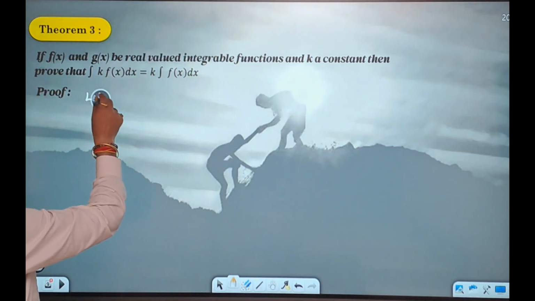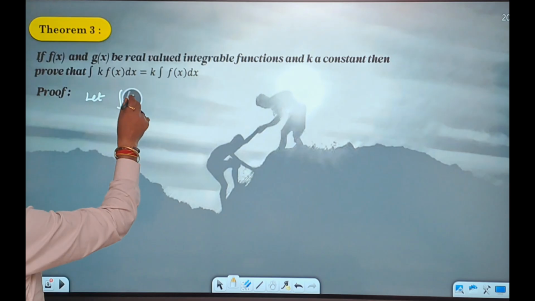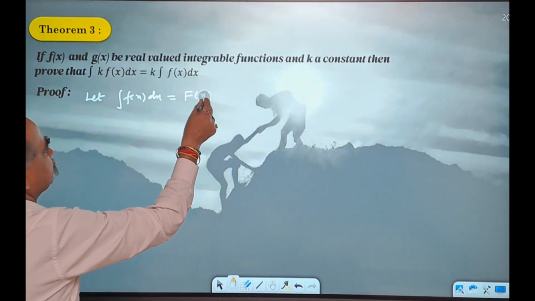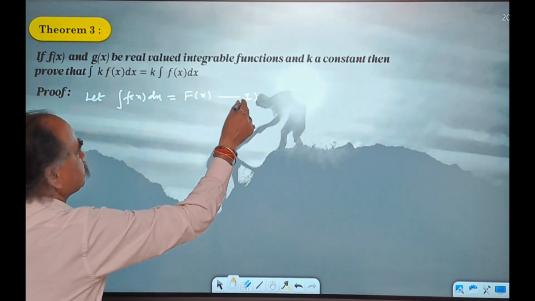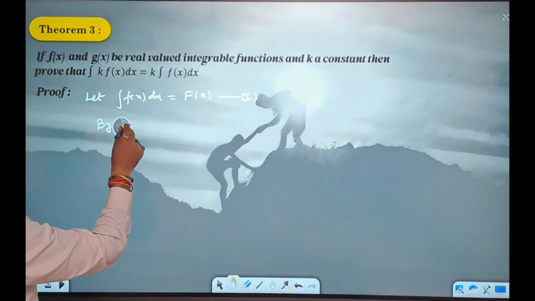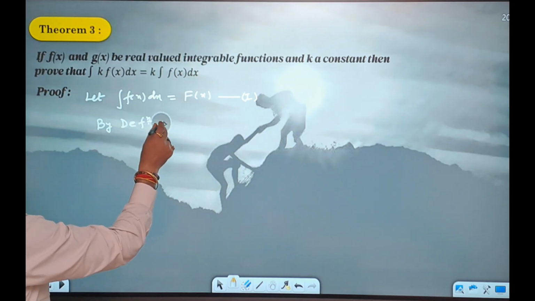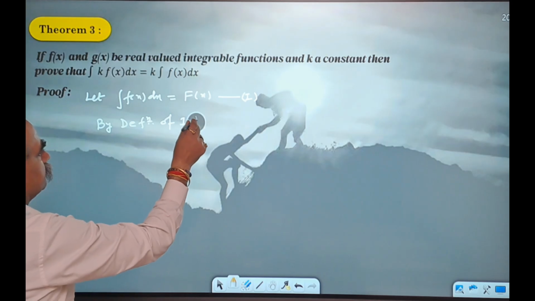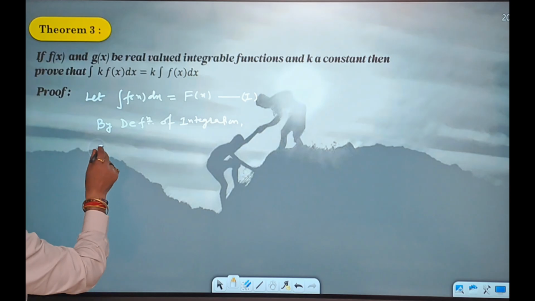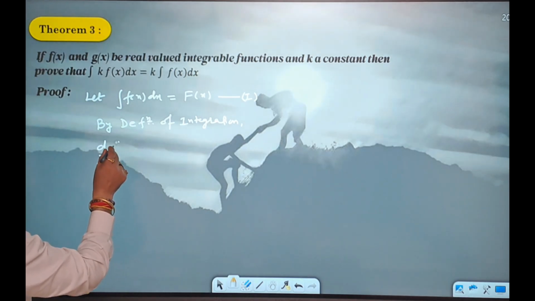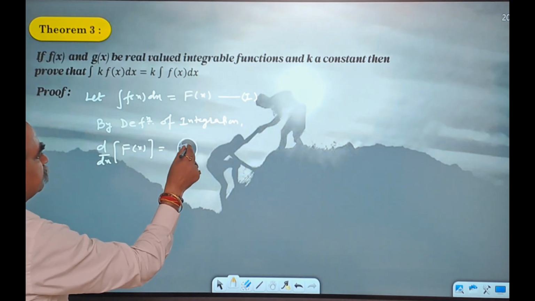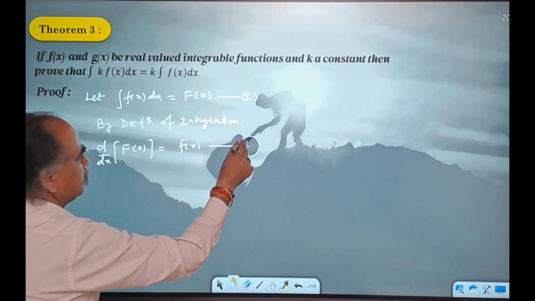Let integral fx dx be capital Fx, equation number 1. By definition of integration, derivative of capital Fx is small fx. This is equation number 2.